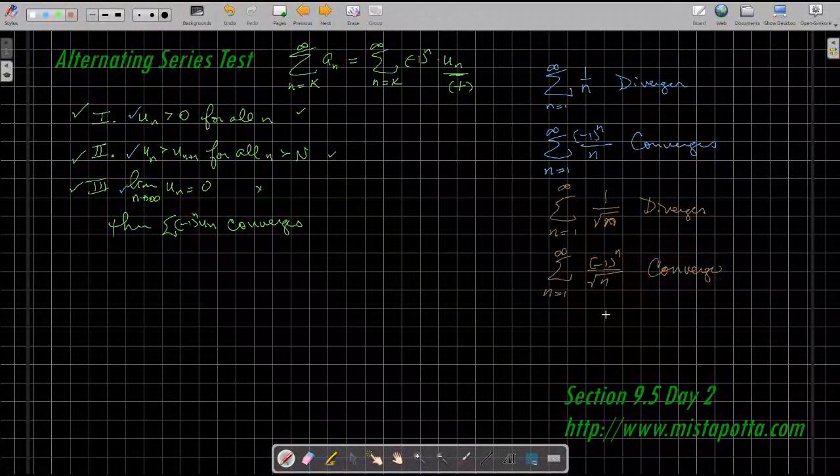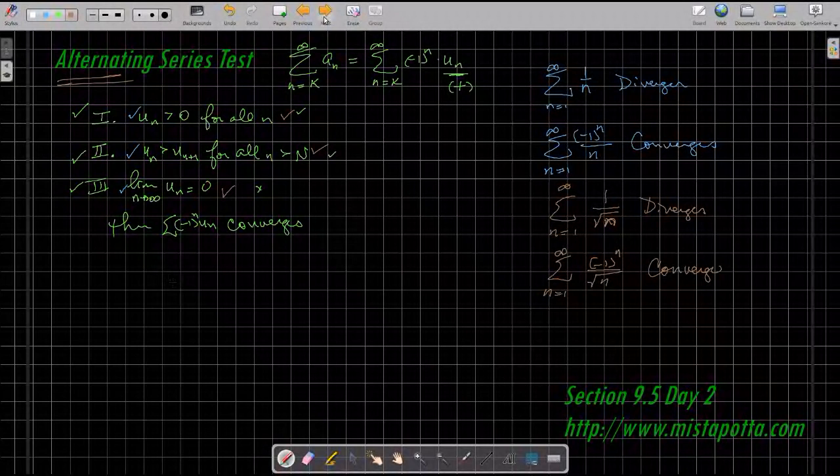And so it really is powerful the way that I can take a look at this. Just because my series ends up alternating, as long as it satisfies these 3 rules, then my series has to converge. So this is a really nice rule that we're dealing with here.